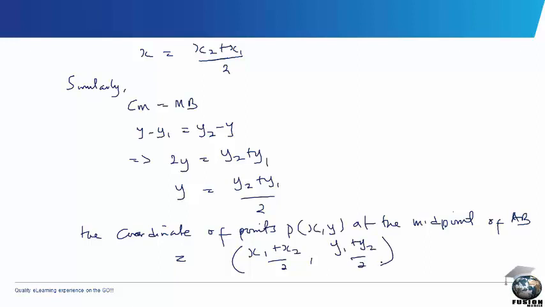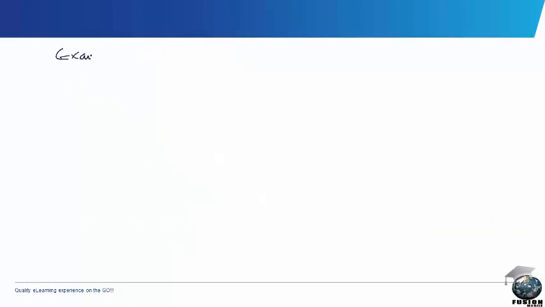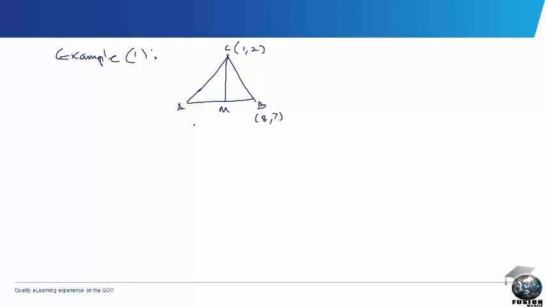All right, so we take an example. Example 1: you are given this triangle, and the coordinates are the points A, M, B, and C. At the point C, you have the coordinate 1, 2, and then at the point B, you have coordinates 8 and 7, and then at the midpoint, we have PQ.